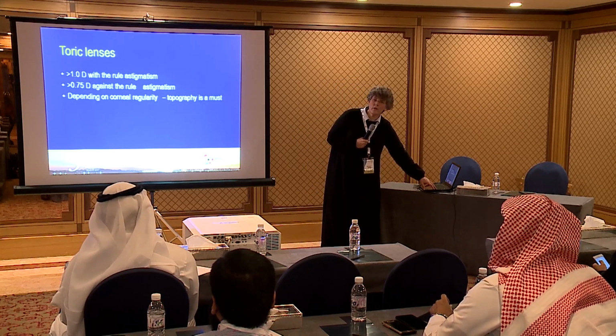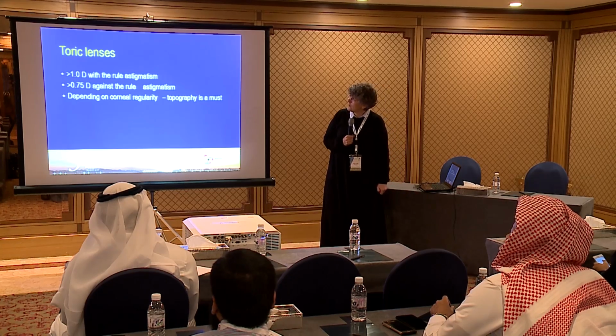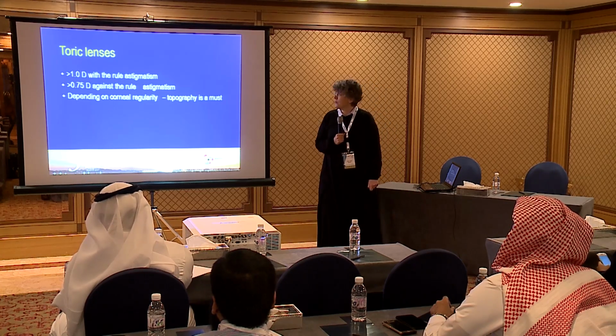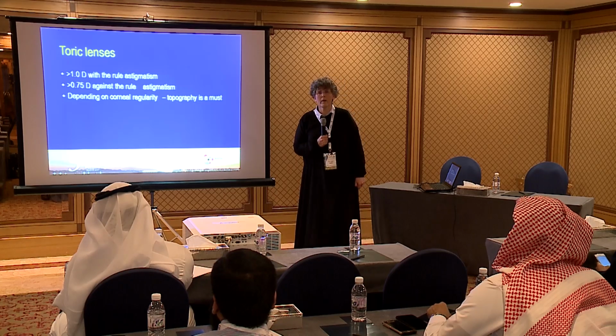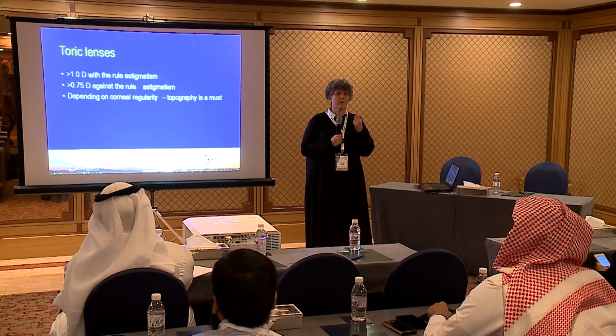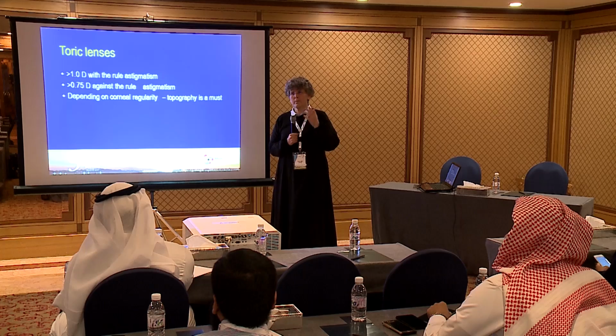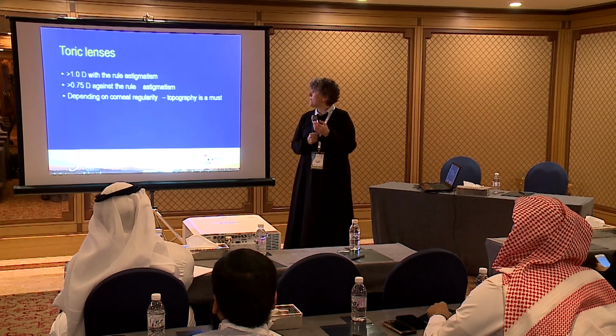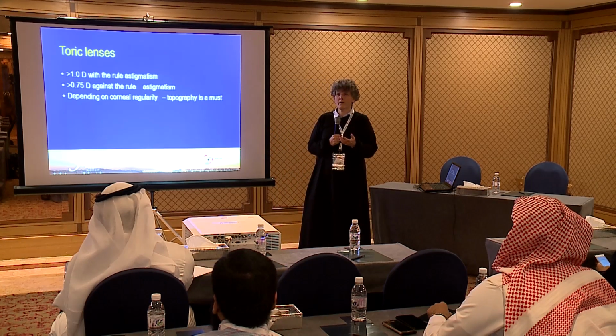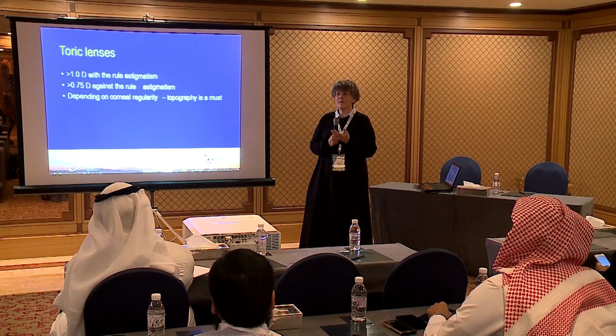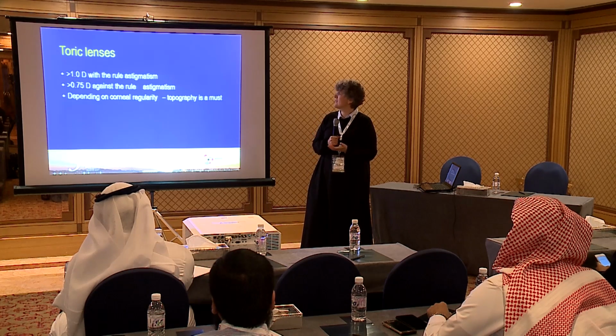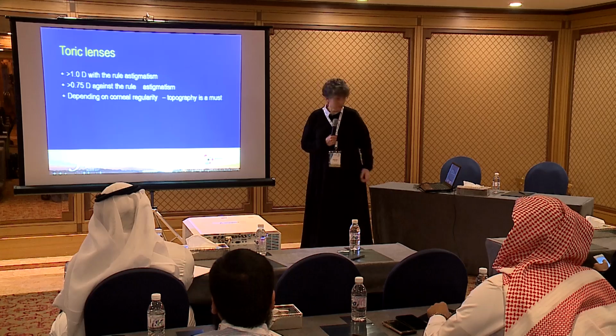Toric lenses, I usually go for a toric correction when the diopter with the rule is 1 diopter and against the rule 0.75. But I have a special practice. I do 90% premium IOLs. But if you have a regular cataract practice, still you can do a lot about it with relaxing incisions and other things, okay?